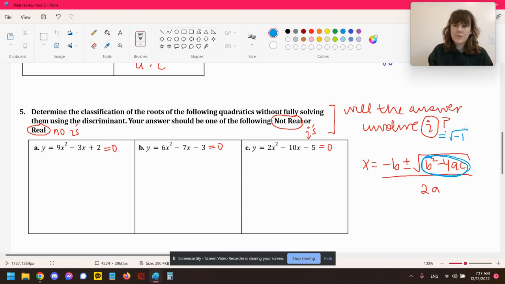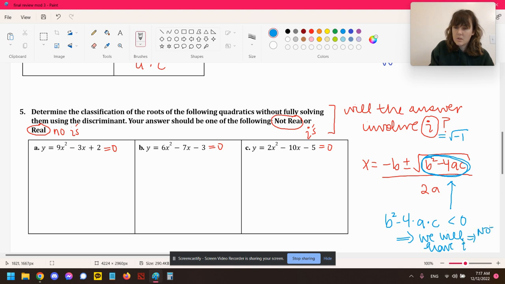So I want to say, if b squared minus 4ac is smaller than 0, then we will have i's, and that means it's not real. So I only need to plug in b squared minus 4ac. I don't need to plug in the rest of the thing.